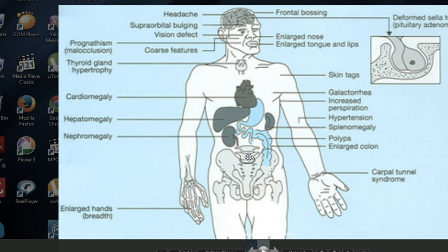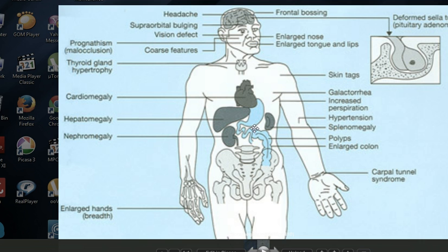Also it can be associated with intestinal polyps, so it's a leading factor for colorectal cancer also. And it can be associated with hypertension and hyperglycemia, diabetes mellitus type 2.